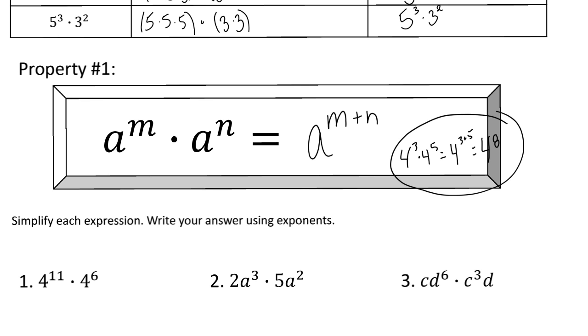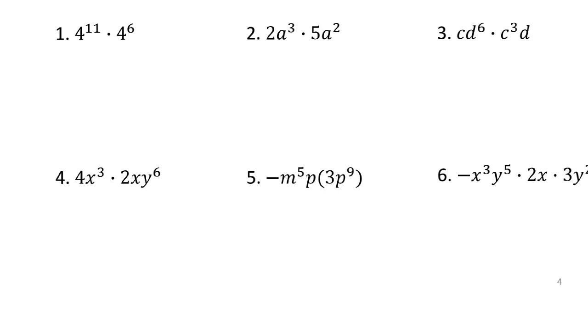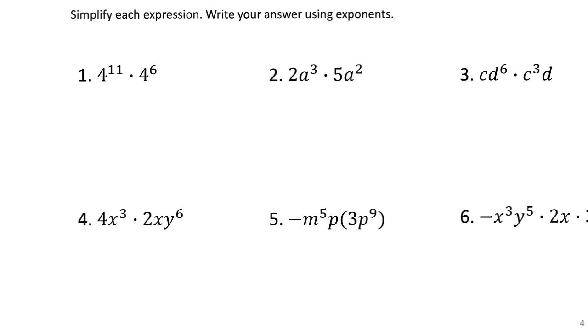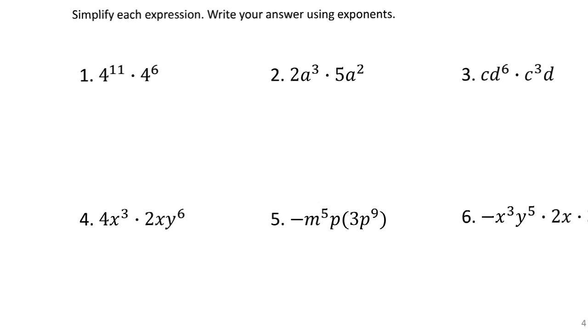Okay, so let's look at some of these examples then. We're going to do a couple together, then I'm going to let you do some on your own. So we have the same base, so that's important. They're both 4. Since they're both 4, then it's 4 to the 11th plus the 6th power, which is then simply 4 to the 17th power. Okay.